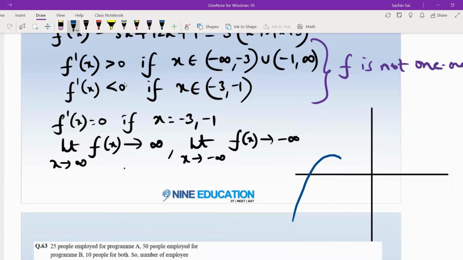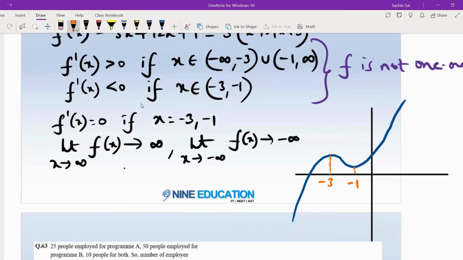then it has one local maximum, one local minimum, and then it increases again, right? So you would get a local maximum at -3 and local minimum at -1. So when x is greater than -1, f of x is increasing, so it will tend to plus infinity.